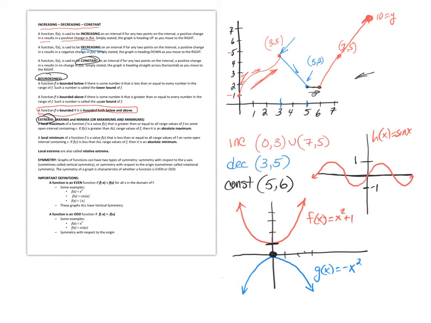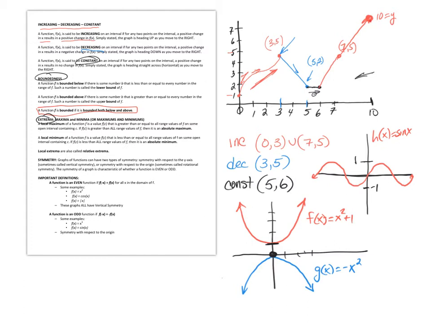Now, if you talk about something being an absolute minimum or an absolute maximum, that's when it's the highest that the function ever gets or the lowest that the function ever gets. So if our function here is only defined, let's say this is 10 here and 0 here, between 0 and 10, we could talk about an absolute min here at x equals 0 when y equals 1, and an absolute max up here at x equals 10 when y equals 10.